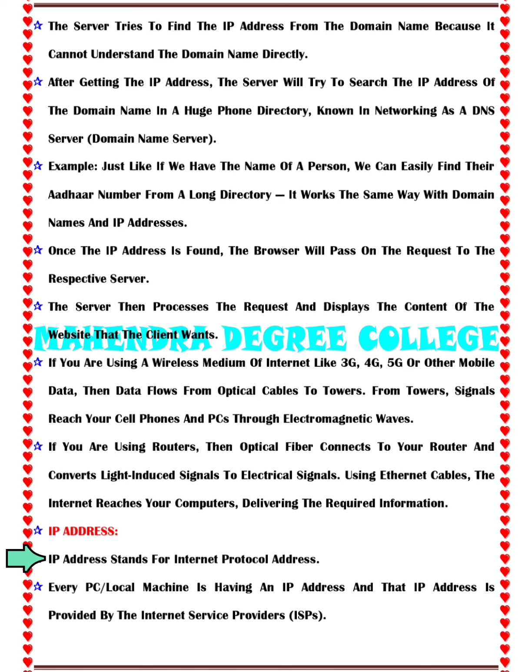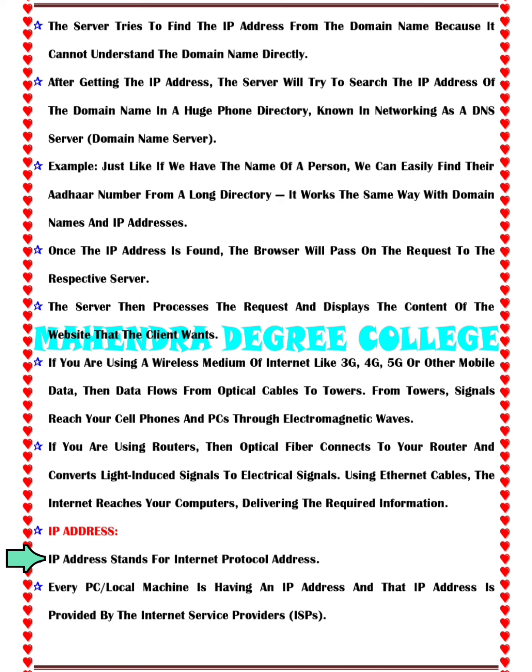First one, identification. It identifies the specific device on the network. Second one, location addressing. It provides the location of the device in the network so that data can be sent and received correctly.